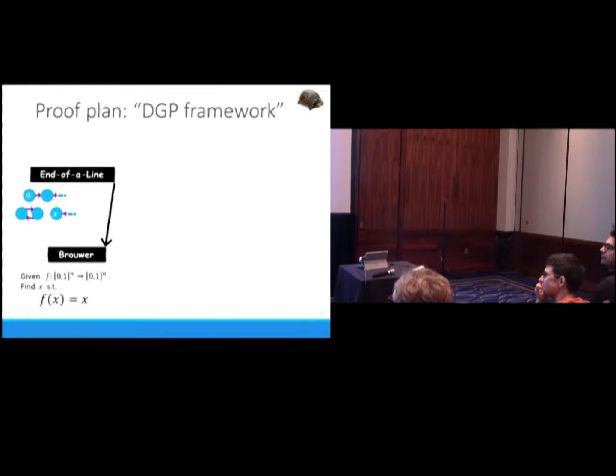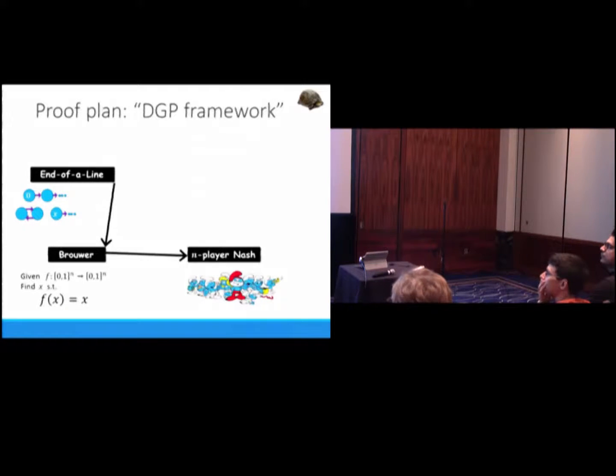We have the continuous unit hypercube, and we have a function from the hypercube to the hypercube, and we're trying to find x such that f of x equals x. And we show this is as hard as End of a Line. Then we reduce it to the problem of finding an equilibrium in an n-player game, and eventually from n-player we can go to 2-player. So this is the general framework.